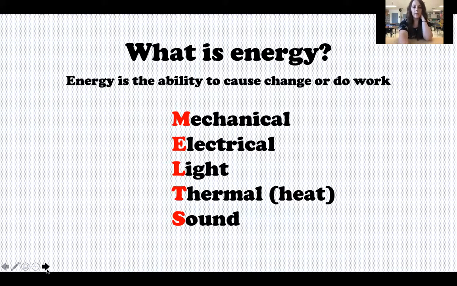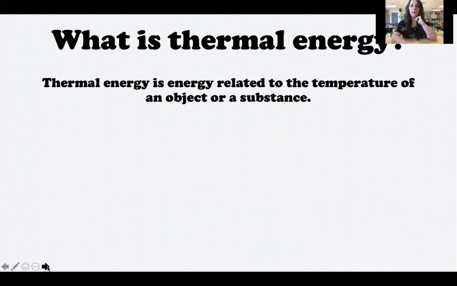So let's get started with thermal energy. Thermal energy is energy related to the temperature of an object or substance. So in other words, the more thermal energy an object has, the higher its temperature will be, or the hotter its temperature will be.